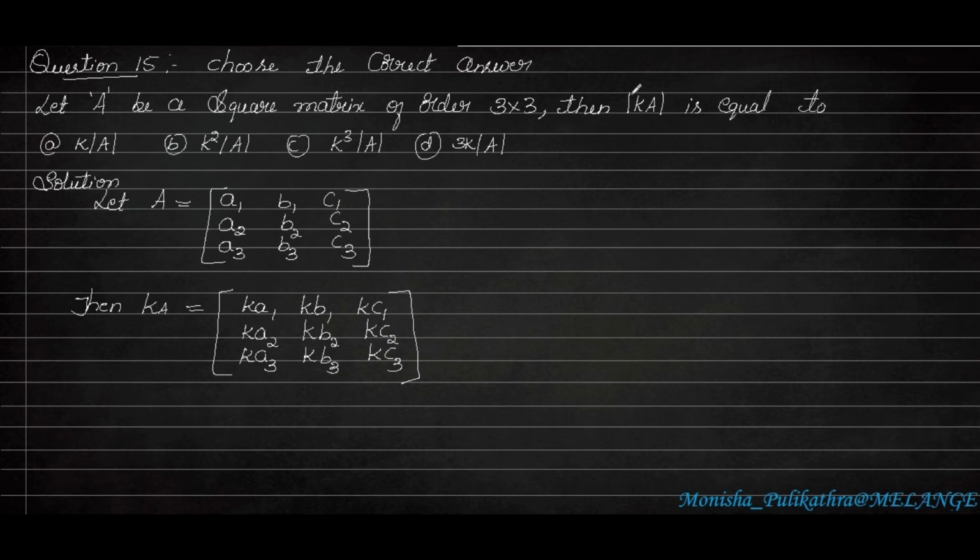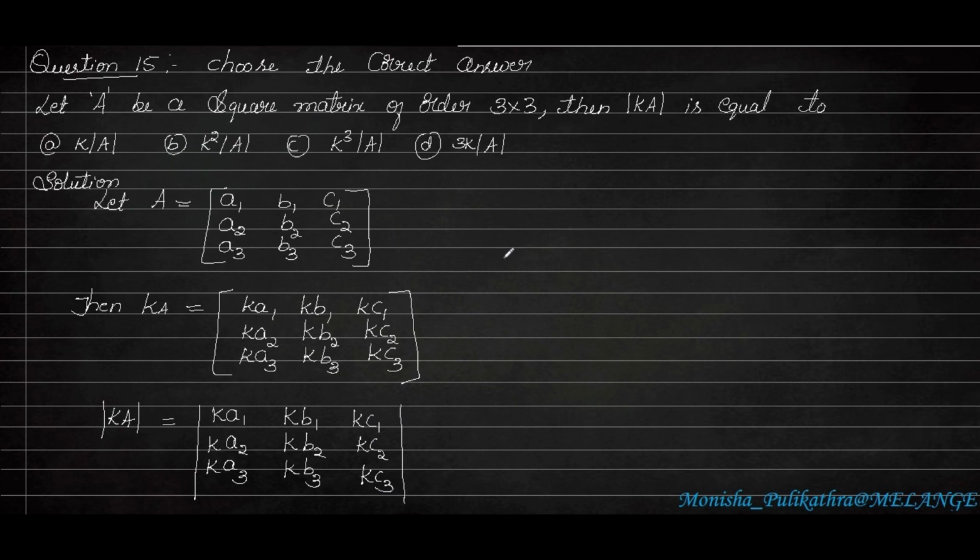Next they are asking for the determinant of it. So the determinant of kA is ka1, ka2, ka3, kb1, kb2, kb3, and here kc1, kc2 and kc3.